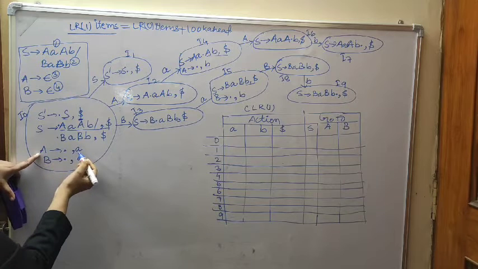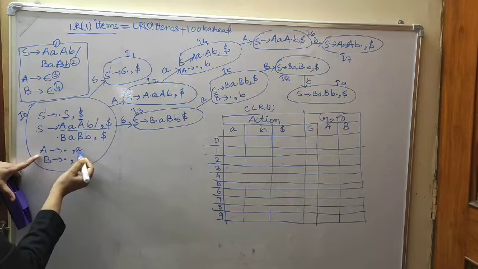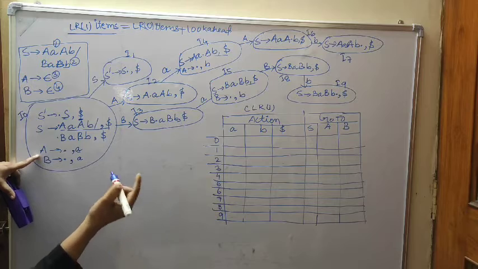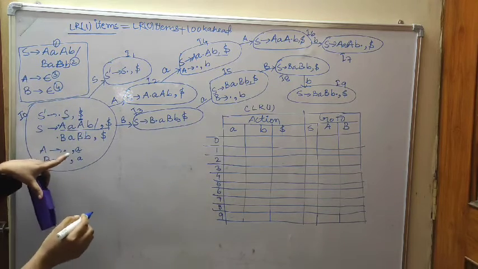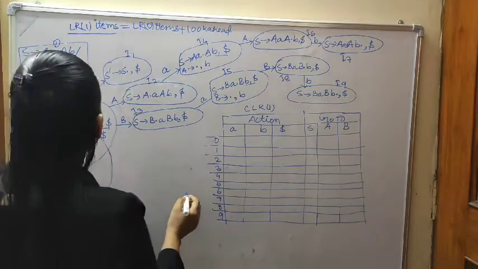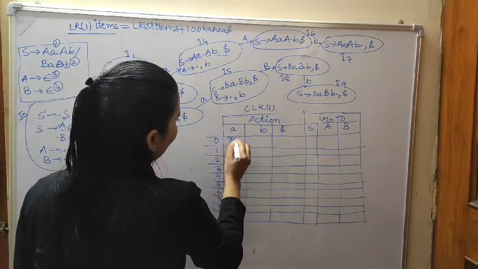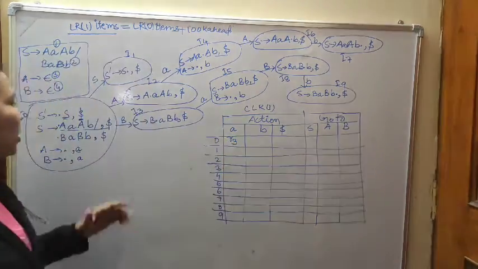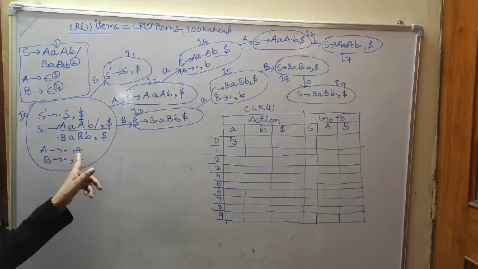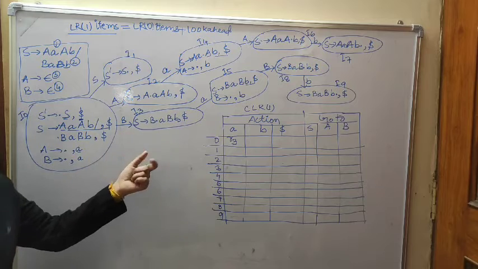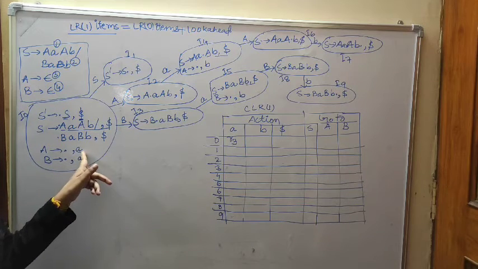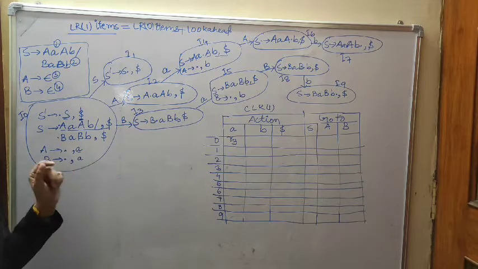Now A to A, this look ahead is A, that means in the A place we write the reduce. So what is the production rule? 3, only the A part will be written. R3. Okay, understood, whether we write in the reduce part or shift part, only at the look ahead place.